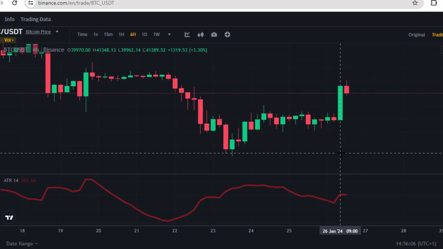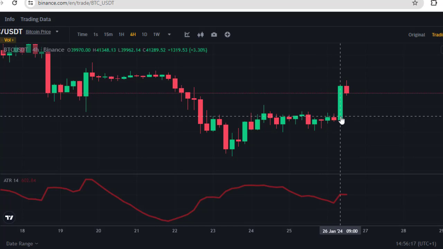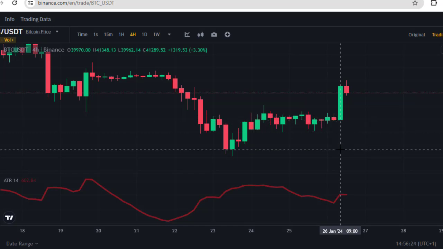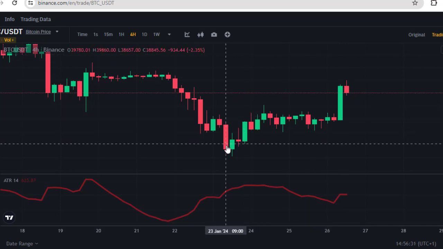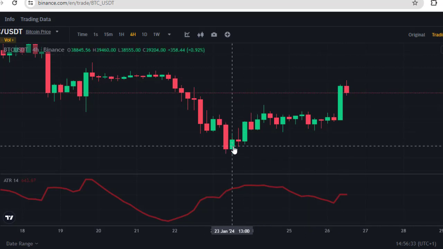Okay, I repeat again, with the ATR value of this candle at $602, it means that the market can move downward $602 and can also move upward. The same thing with this candlestick. The ATR value of this candlestick is $643.